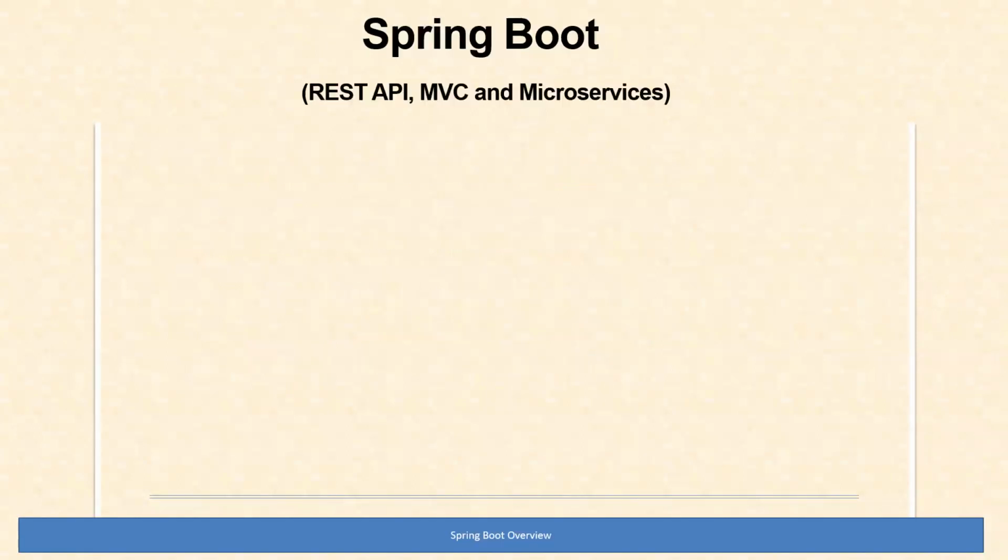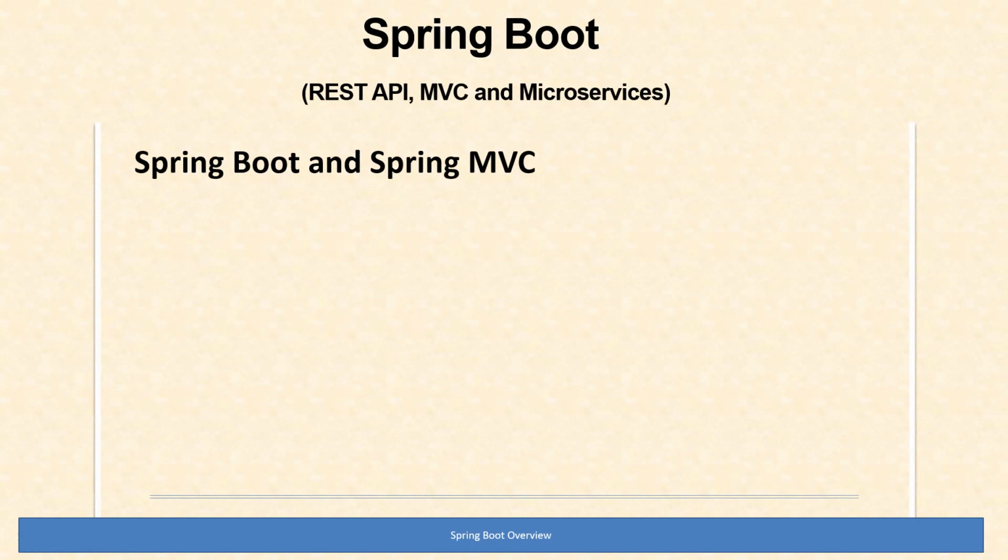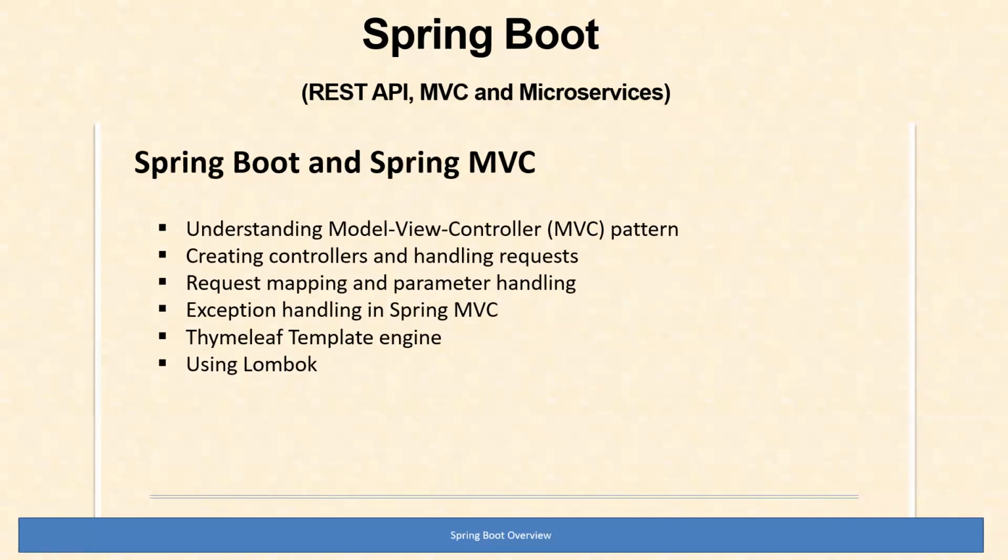And after that, we are going to understand Spring MVC. So how we are going to create Spring MVC applications in Spring Boot. We'll understand what is the model view controller, MVC pattern, how that model class is going to get injected automatically in Spring. And we are going to write controllers and we will handle different requests using the controllers.